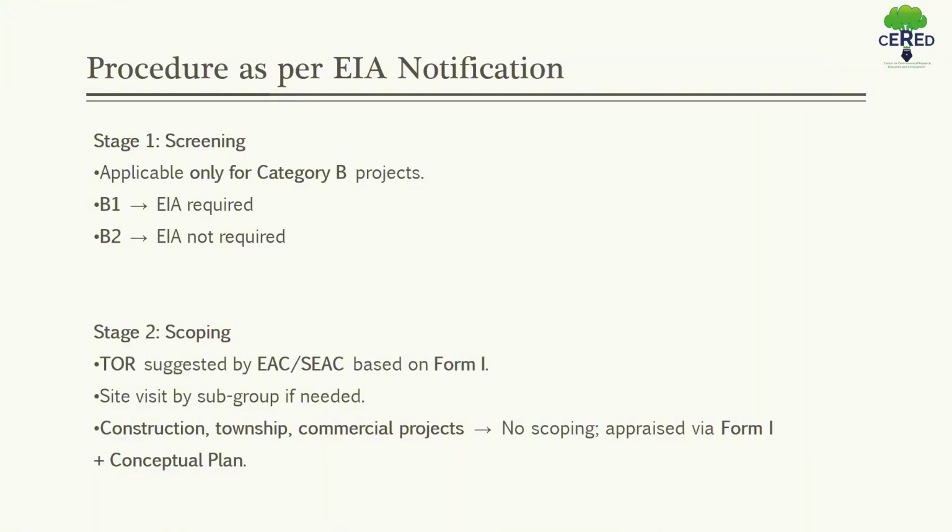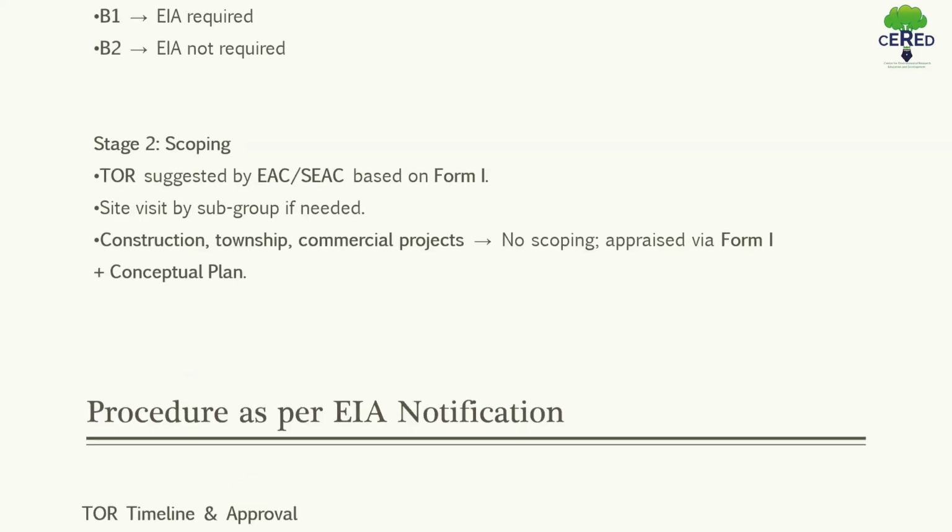All projects of construction, township, and commercial complexes shall not require scoping and would be appraised on the basis of Form 1 and conceptual plan. As I said earlier, at the scoping stage, we get the TOR after the submission of Form 1, conceptual plan, and PFR, which is the pre-feasibility report.